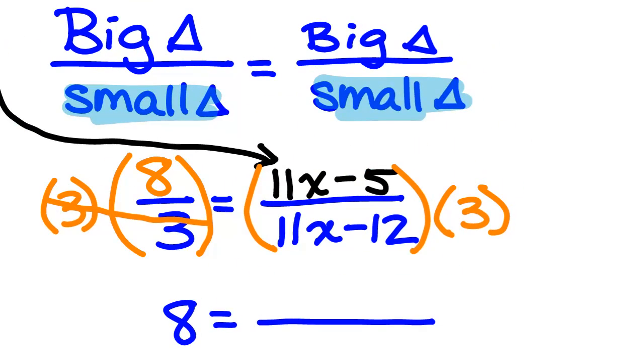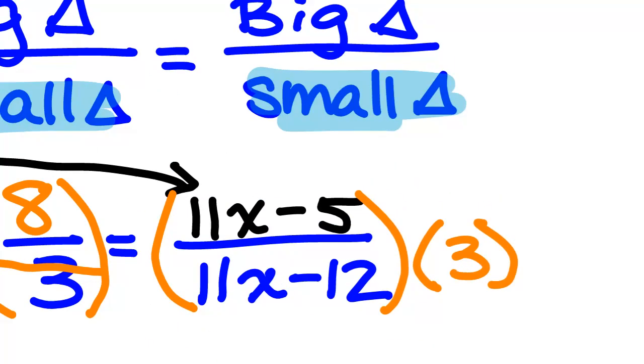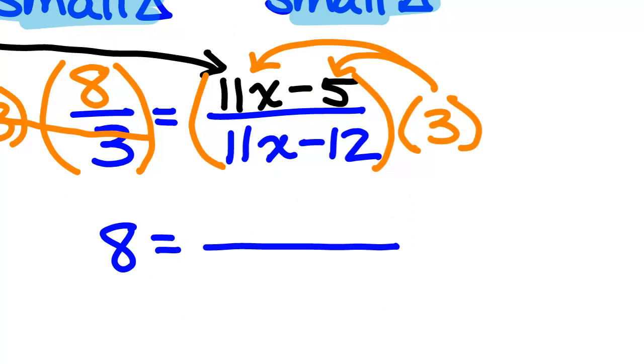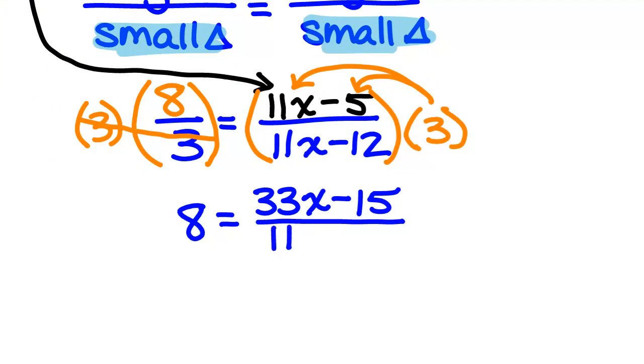On the right, what do I have to remember to do with that 3? Distribute. Where does it distribute to? Just to the top. 3 gets multiplied to the 11x. 3 gets multiplied to the minus 5. What is 11x times 3? 33x. Minus what? Minus 15 over 11x minus 12.